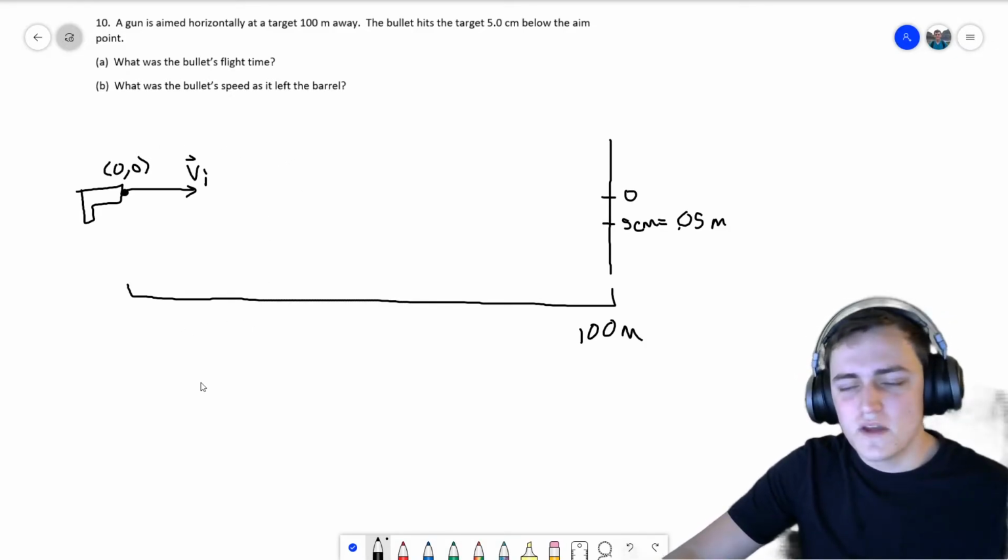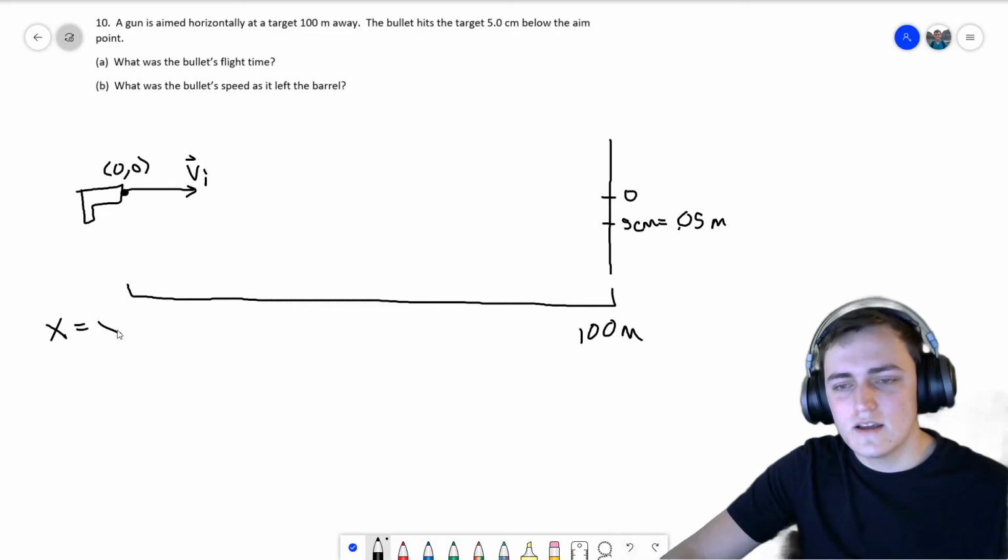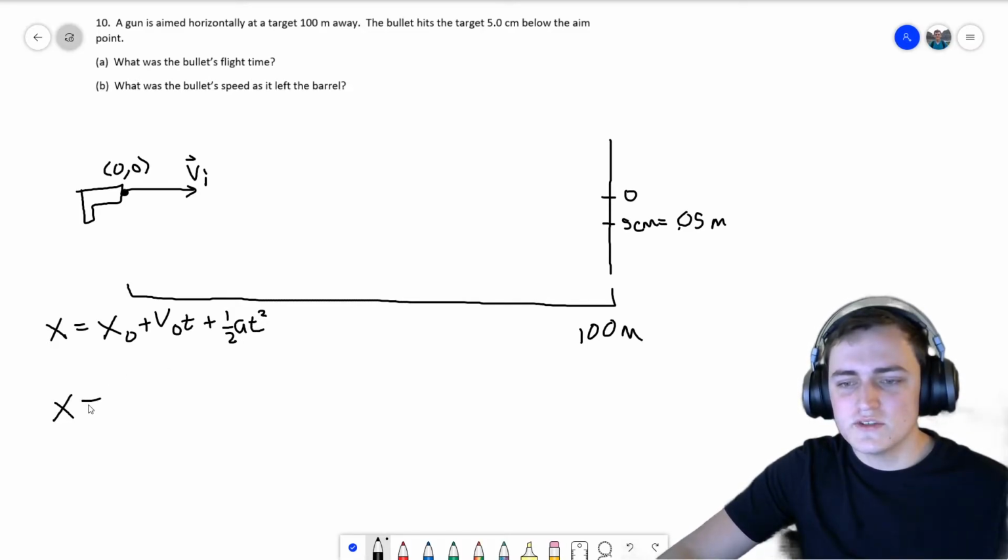So to figure out the flight time, well, we're working with 2D kinematics again. And the best solution method for two-dimensional kinematics is just to go ahead and write out the position equation for both the x and y directions. The position equation is x equals x initial plus v initial times time plus 1/2 a t squared. In the x position, our initial is 0.